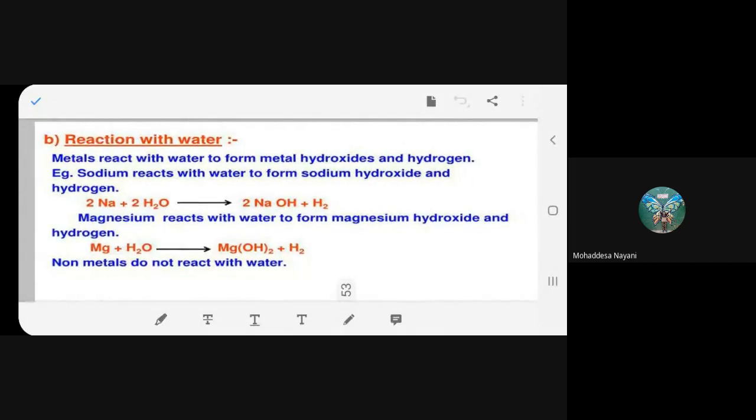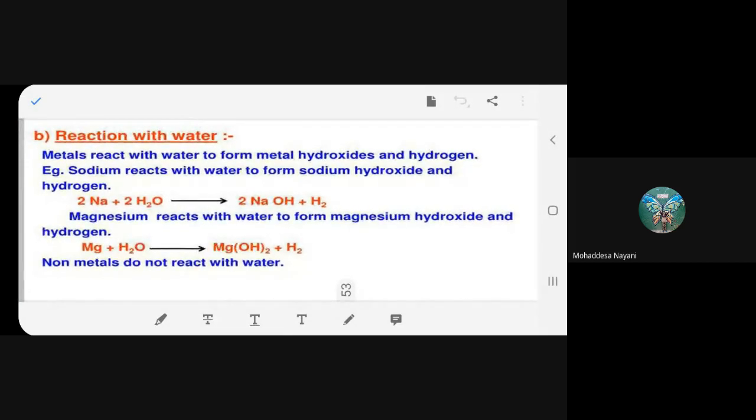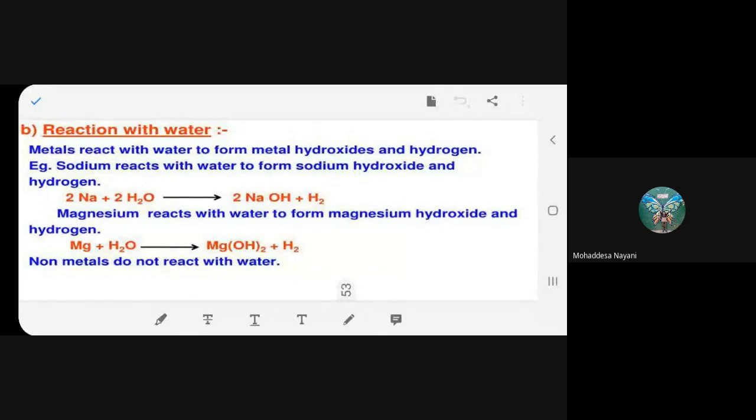Now we will do it chemically. Reaction with water. Metals react with water to form metal hydroxide and hydrogen. Example: sodium reacts with water to form sodium hydroxide and hydrogen. 2Na plus 2H2O.